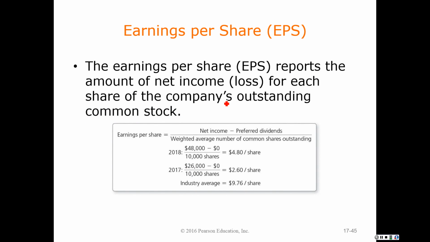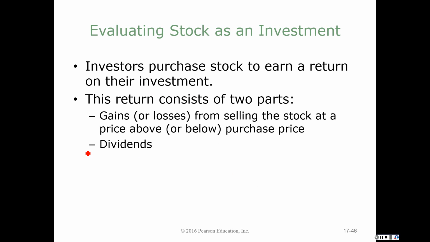Once again, if we want to know basically the amount of income that is being earned per share of stock instead of per dollar of stock, we've got earnings per share. So in this particular case, we are earning $2.60 per share for every share that's been invested in our company, $4.80 in 2018. Doesn't mean we're going to turn around and pay all of our investors $4.80 a share. It simply means that's what we have earned per share that has been invested in our organization.